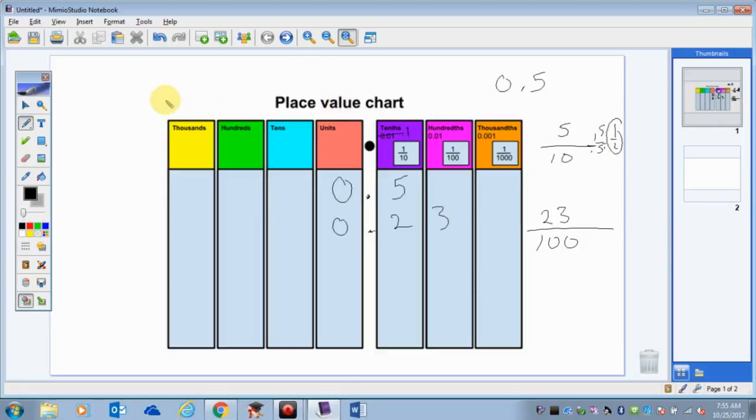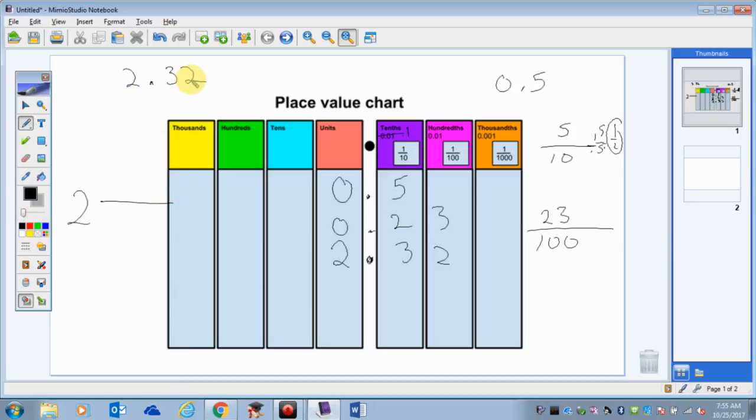Alright, if we have 2.32, put it on the place value chart, the decimal's here. Put our 2 on the left side, and then 3, 2. It ends in the hundredth spot. Anything to the left of the decimal is going to be your whole number, so this is going to go from 2.32 into a mixed number that is 2 and a fraction.